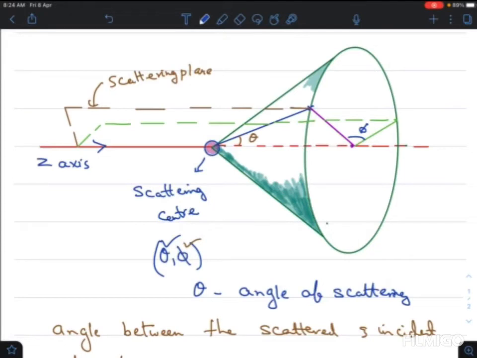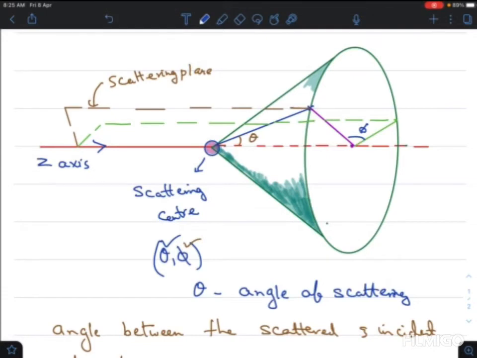Theta is the angle of scattering, the angle between the incident ray and the scattered direction. Then you have the azimuthal angle. Before defining the azimuthal angle, you have to define the scattering plane. Scattering plane is nothing but the plane containing the z axis and the scattered direction.